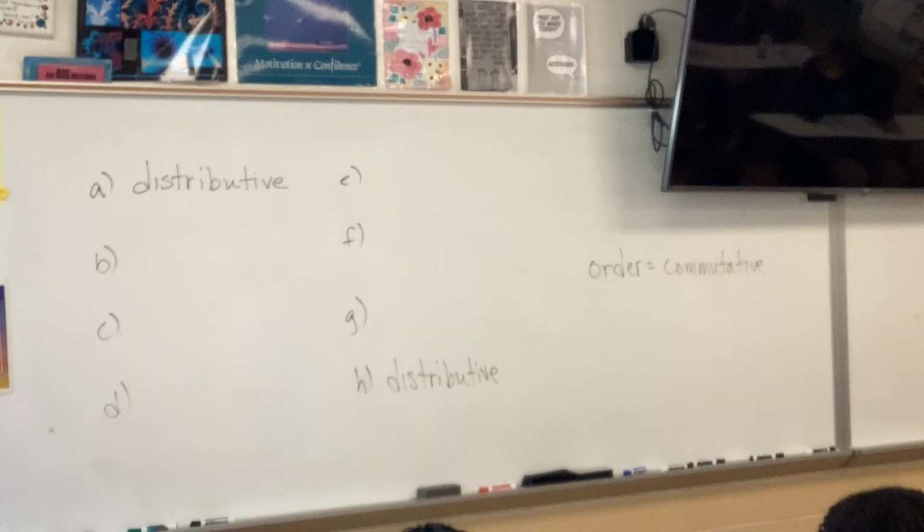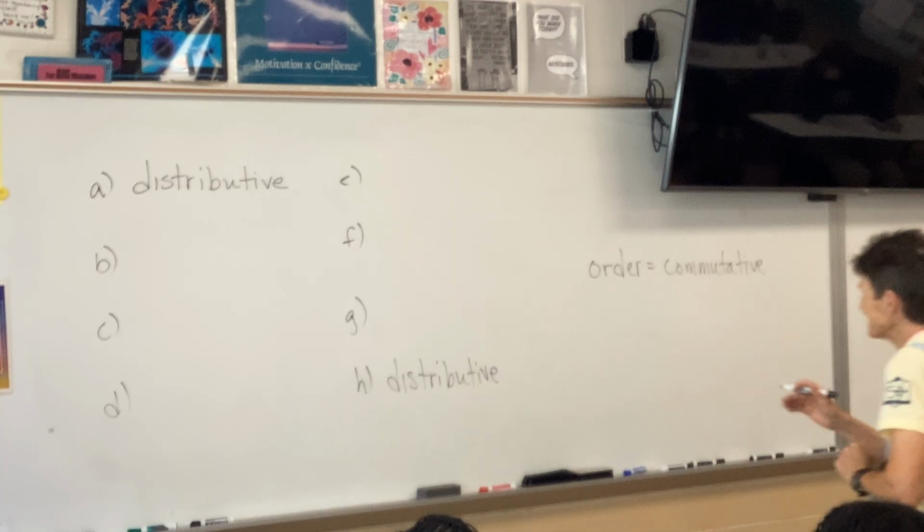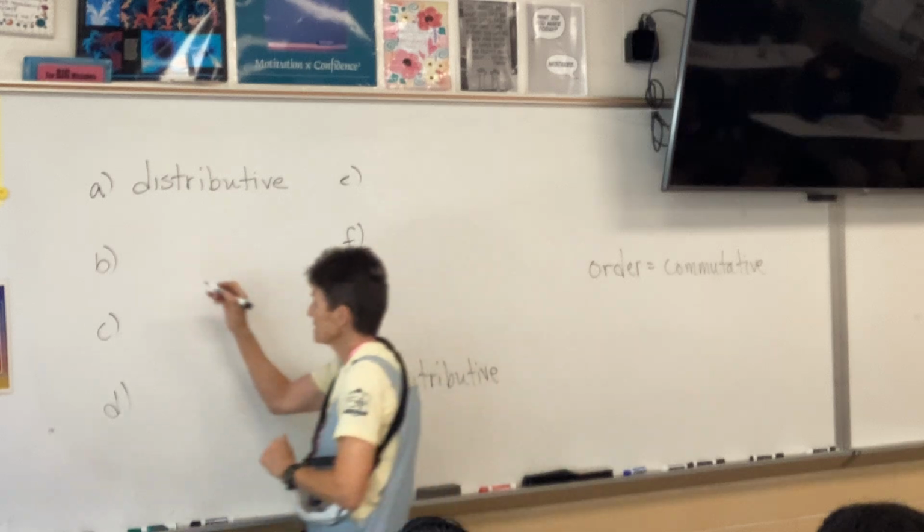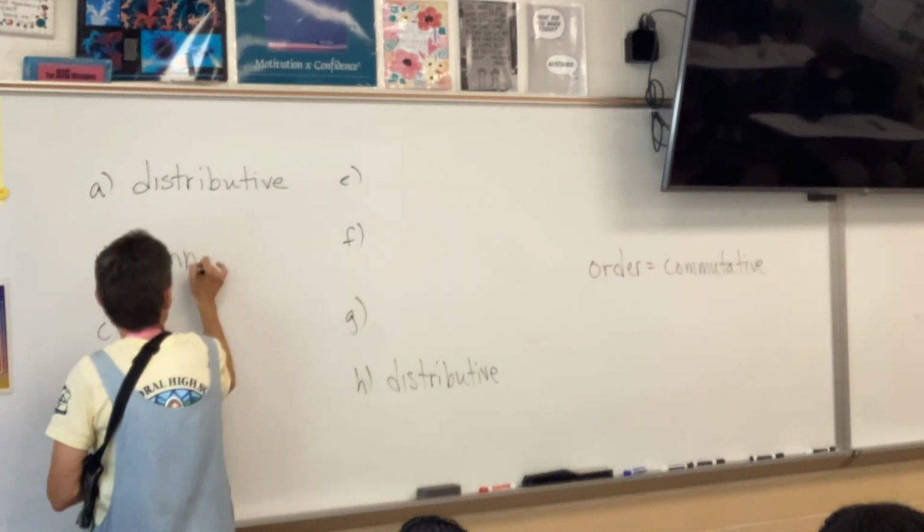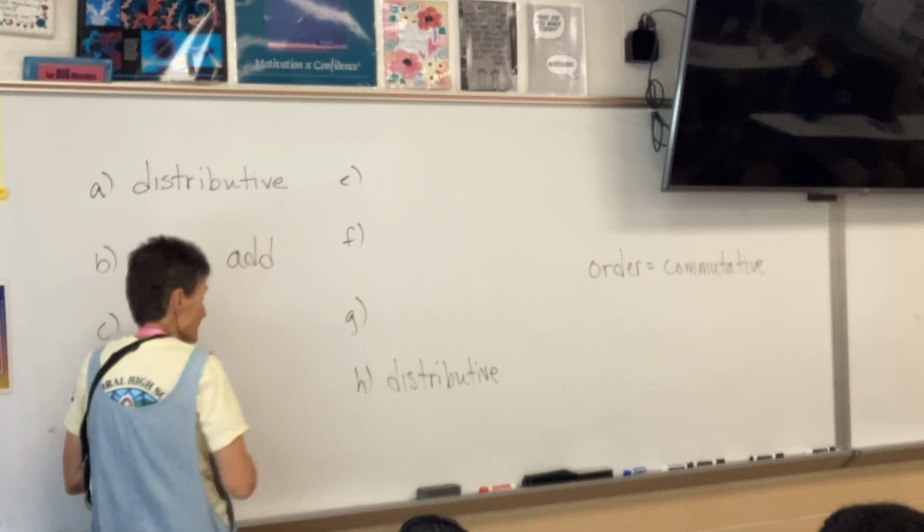In this problem, didn't the X and the Y change their place? Didn't they move? When things change places, when they move, you're commuting. Since it's an addition problem, we say commutative, and you can abbreviate. Commutative of addition.